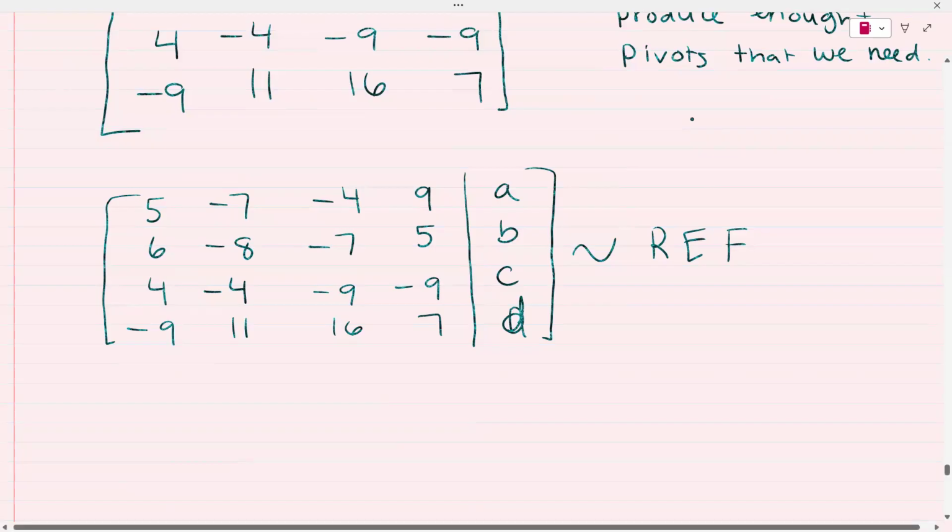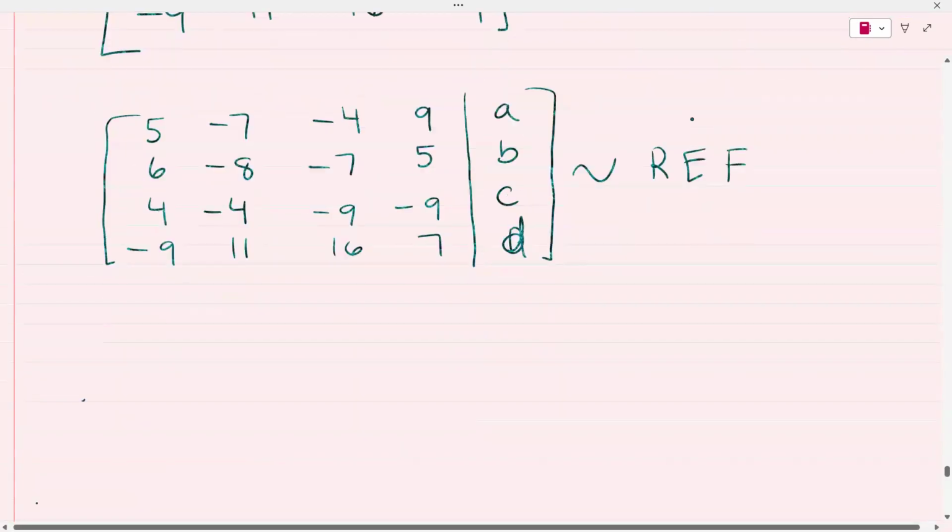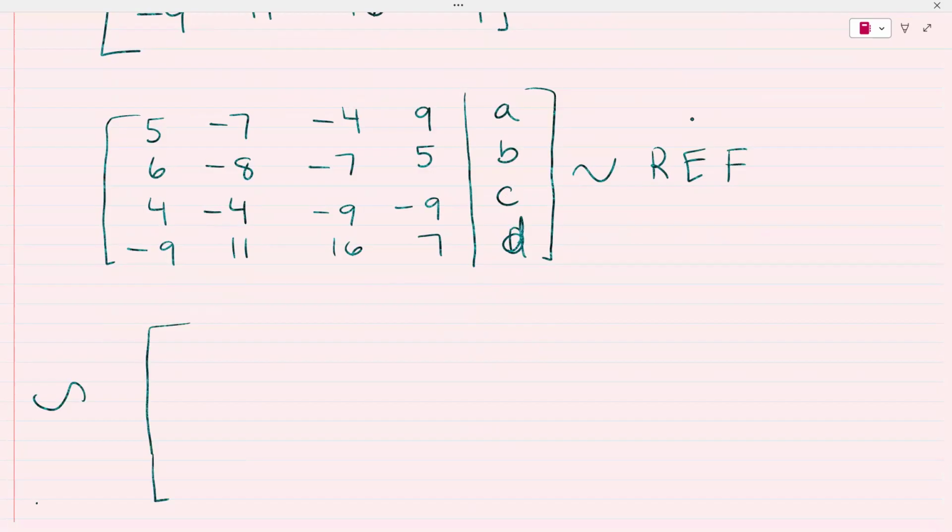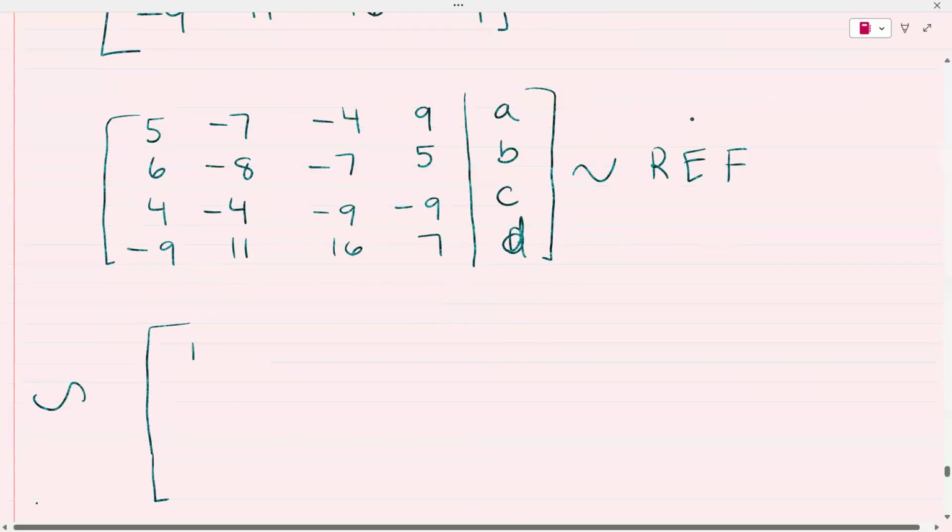And here, let me show you. When I did all the work, I'm not going to show you the exact order of operations because you can do it on your own.